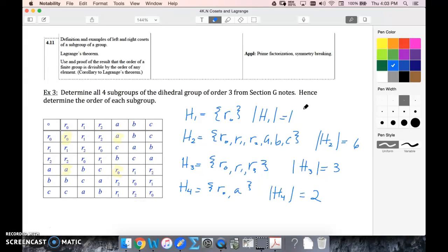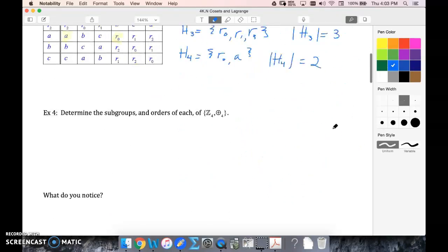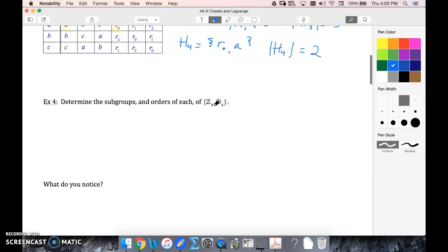Let's keep going with our next example because that's tying into what we're doing here. We're looking here for orders, and I want you to look for some sort of pattern. Now we've got all the subgroups from Z4 under mod 4. If I think about my Cayley table, I know I've got my identity.